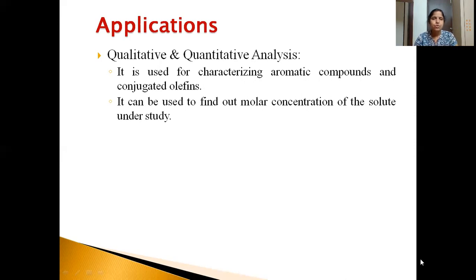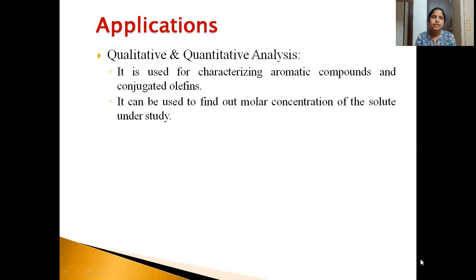And whether it is a conjugated olefin or a simple olefin, that also we can find out. If it is a simple olefin, we can see the lambda max appears around 200 to 240 or so. And if it is a conjugated olefin, as there is an increase in conjugation, the lambda max moves towards the right side.